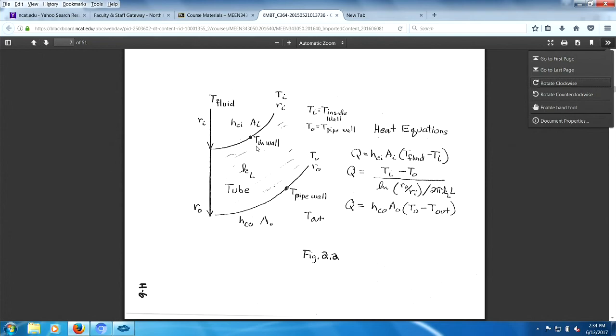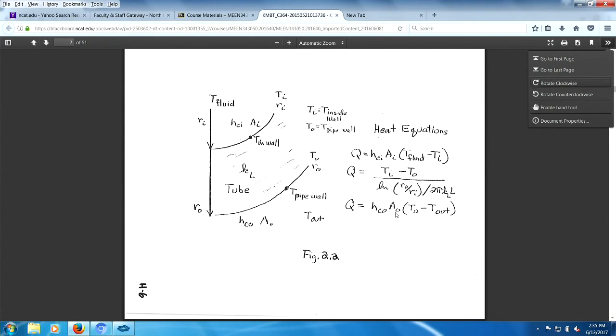I know we didn't discuss conduction, but that's all right, you can grab a hold of it. We're teaching it somewhat differently here. Temperature inside is Ti, temperature outside is To at the wall, so you have the temperature difference over which the heat conduction is occurring, and then we have the ln of Ro over Ri divided by thermal conductivity and length. So that takes care of that.